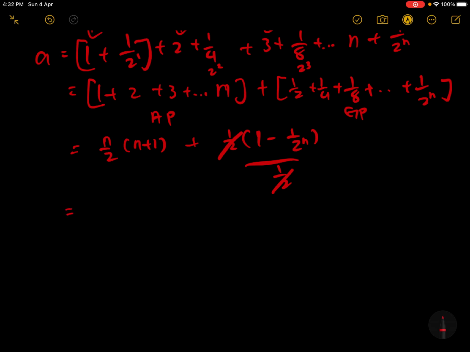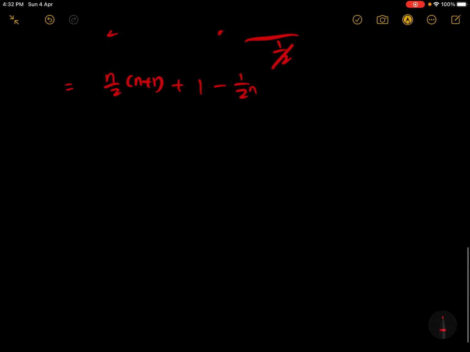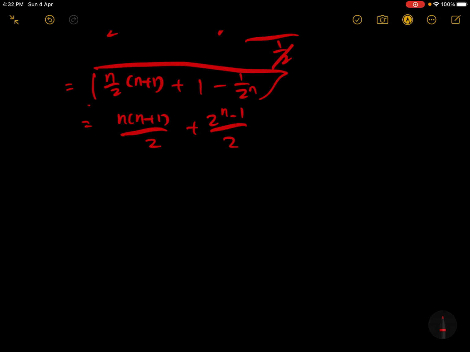Then you will get n over 2 times (n plus 1) plus 1 minus 1 over 2 to the power n. I believe you can continue solving it, but you can stop here already. This is supposed to be your final answer, because since it involves 2 power n, it's very hard to actually complete the thing. So that's for A.